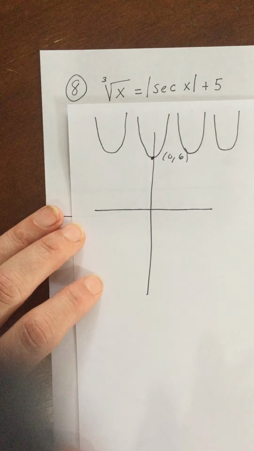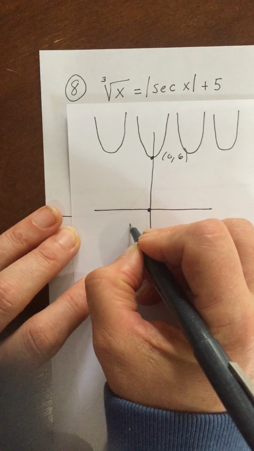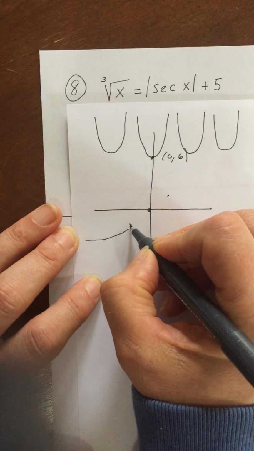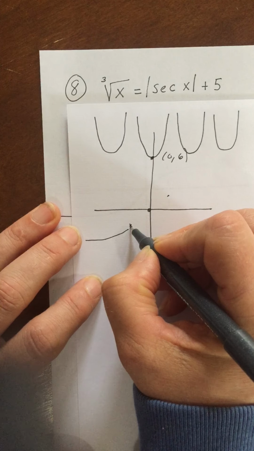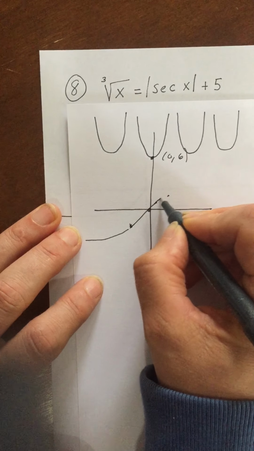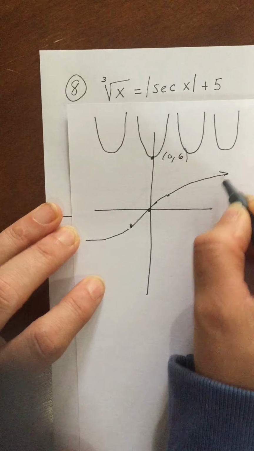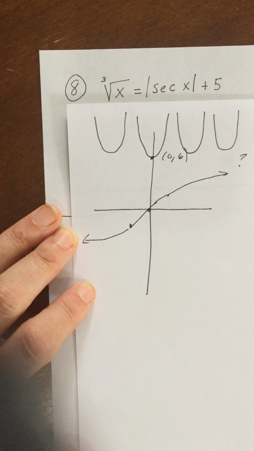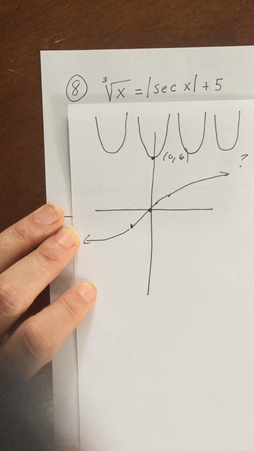Okay, the cube root of x, hopefully you know the gist of that. It's going to look kind of like this, going through (-1, -1), (0, 0), and (1, 1). And then the key thing here is what's going to happen here. Are they going to intersect or not?